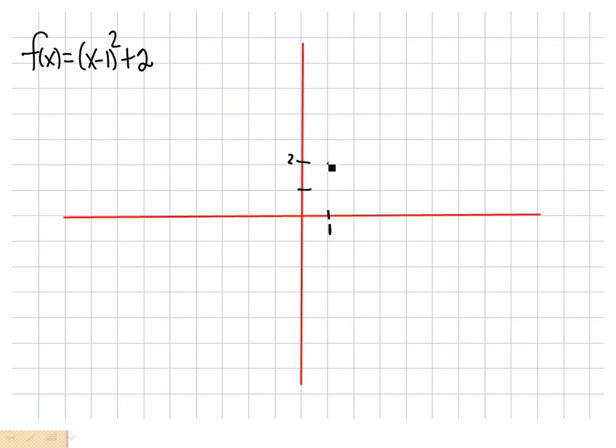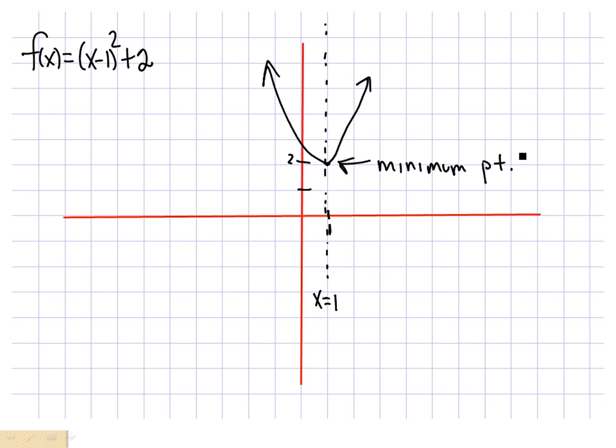Notice also that this is the vertex. If I say sketch, all I want you to do is from that vertex, just sketch a parabola. Also notice that the axis of symmetry will go right down the center of that parabola, and it is x equals 1. This is also called the minimum point. Okay, moving on.